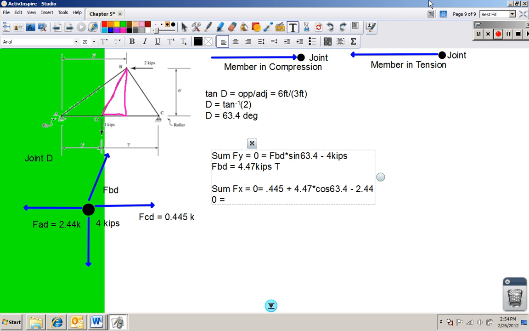I end up with 0 is equal to 0.006 kips when I plug all those numbers in, and that's pretty good. That's just due to rounding errors. So now we're done with that problem, and we know the force in every member.